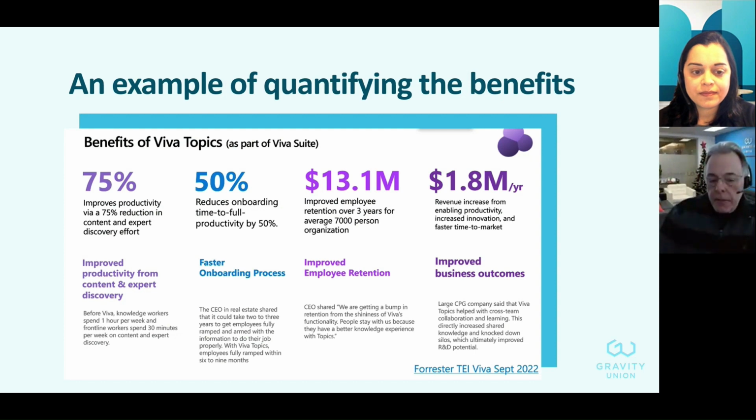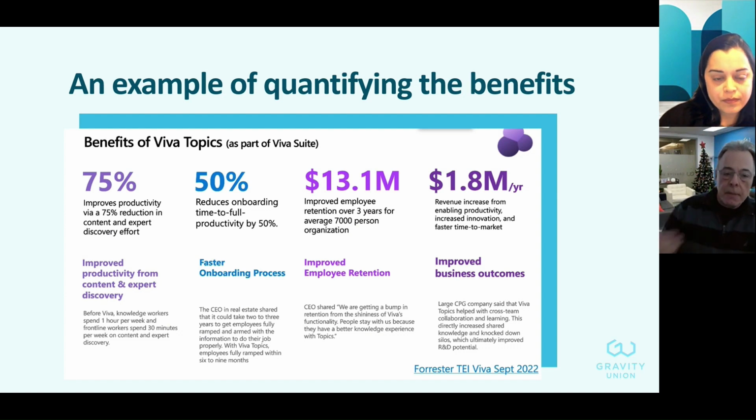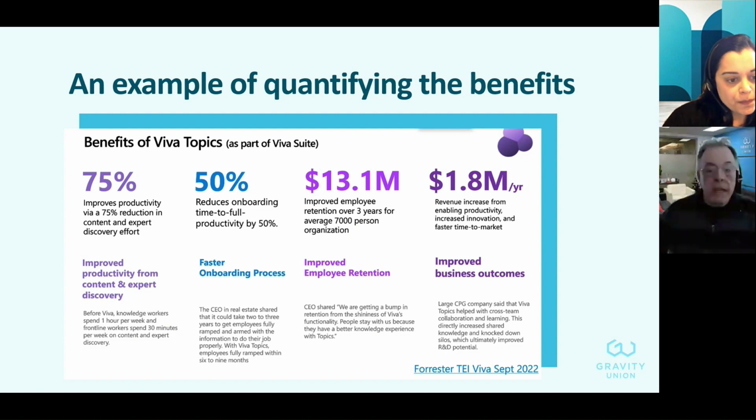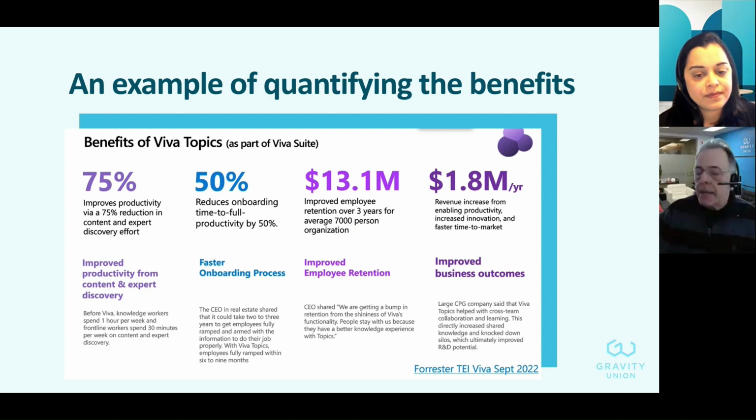So here's something that Jazz found for us, and it's a study that quantifies the benefits of, in this particular case, Viva Topics, but some of these benefits can be attributed to, in many cases, just better information and knowledge management. And this is just one example for some of you who maybe have been around for a while.